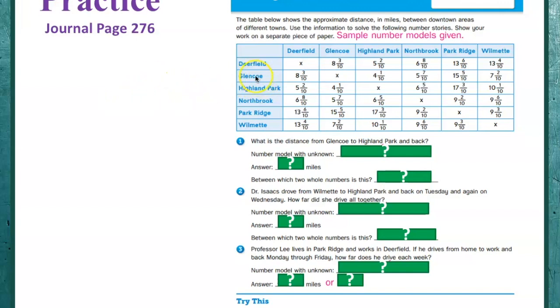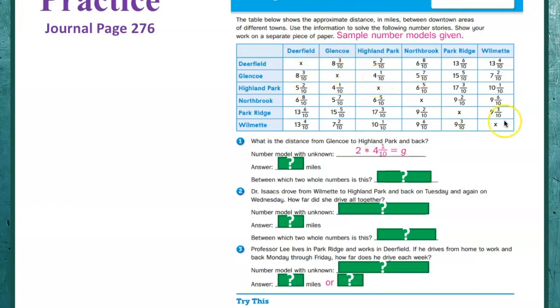So if I go to Glencoe and I scroll over until I get to Highland Park, which is right here, it takes 4 1/10 of a mile to get to Highland Park, but remember, we're going back. So our number model would either be 4 1/10 plus 4 1/10 equals H for Highland Park, or 4 1/10 times 2.